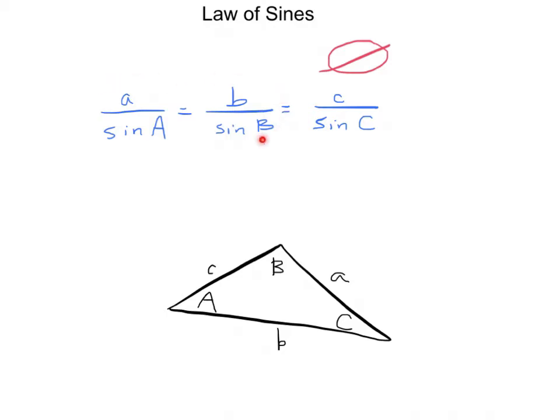So you might pick these two, or these two, or the first and the third. The short of it is, if you pick any two angle-side pairs, the ratio of the side to the sine of the angle will be the same, and that is the law of sines.